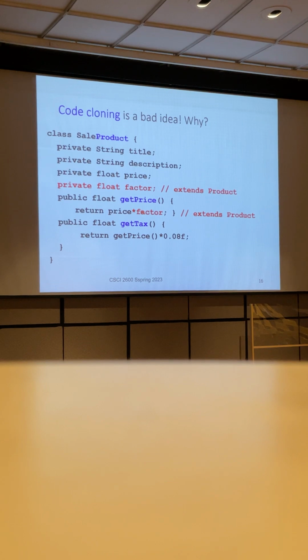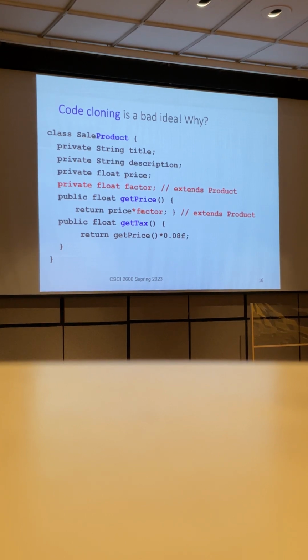So if our client had a product object and called get price on it, and without them noticing we replace it with a sale product, given that all the attributes are the same, title, description, price, get price will not return the same value. And that means no, it's not substitutable. So no, it's not a true subtype.